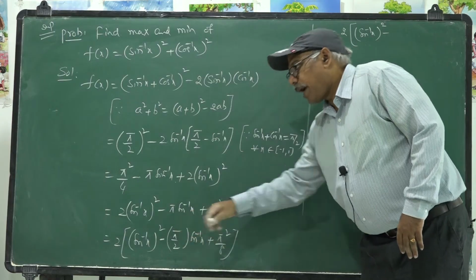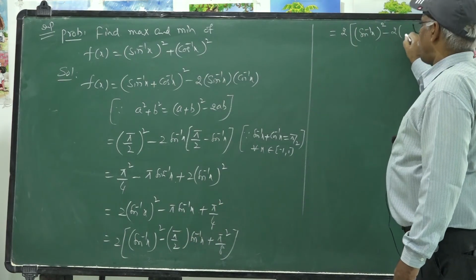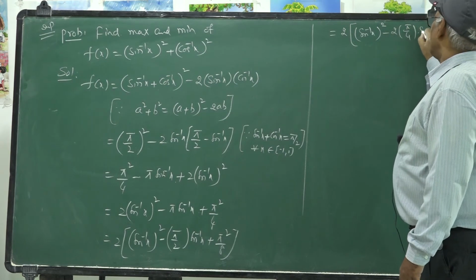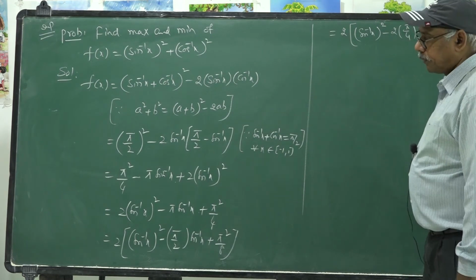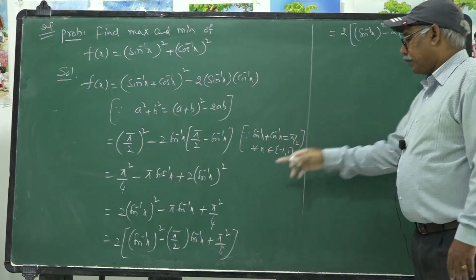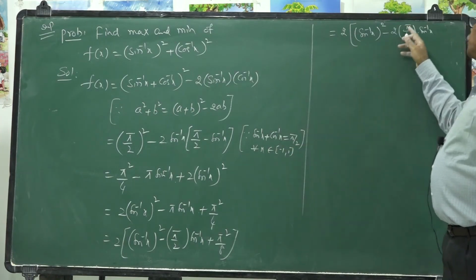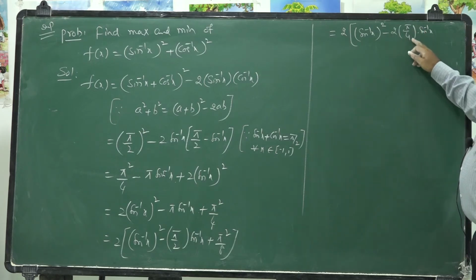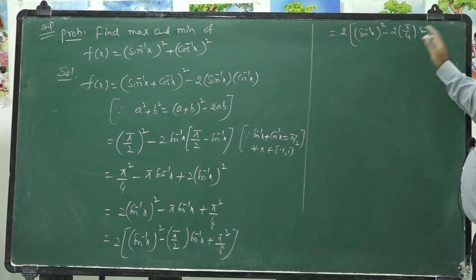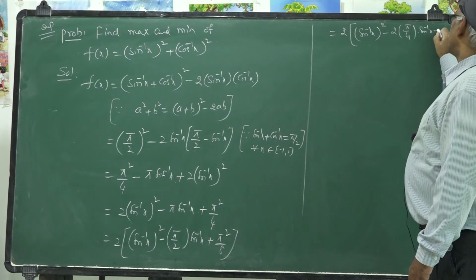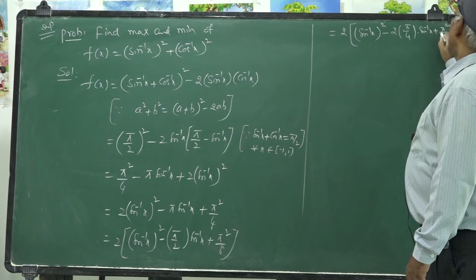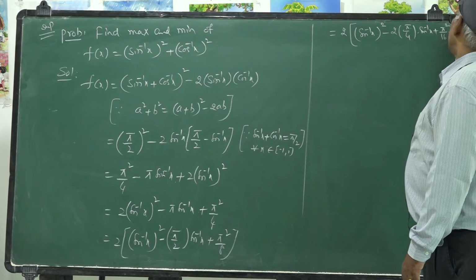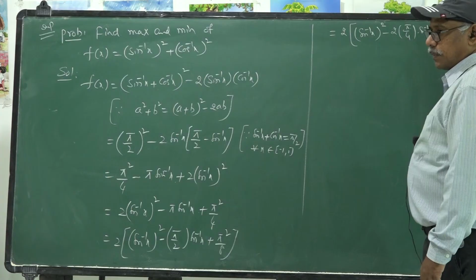I am writing pi by 2 as 2 into pi by 4, times sin inverse x. Now add the square of pi by 4 and subtract the same from this expression. So I am adding (pi by 4) whole square, that is pi square by 16, here, minus pi square by 16, subtraction of the same term.